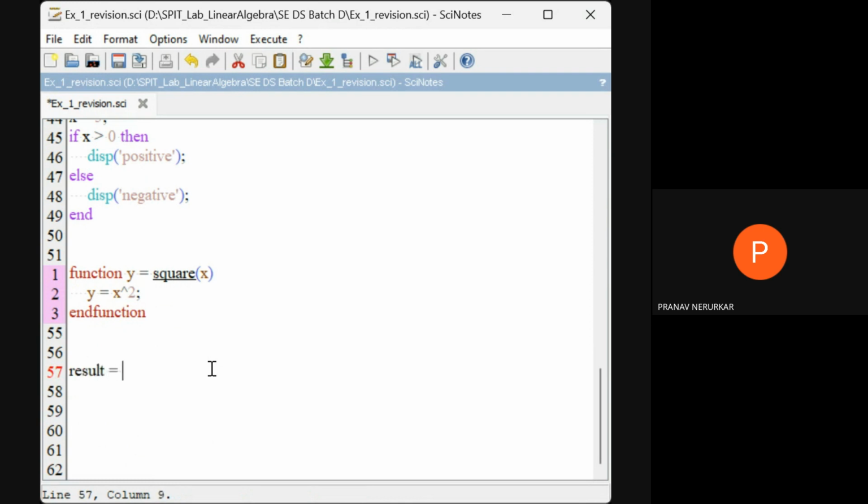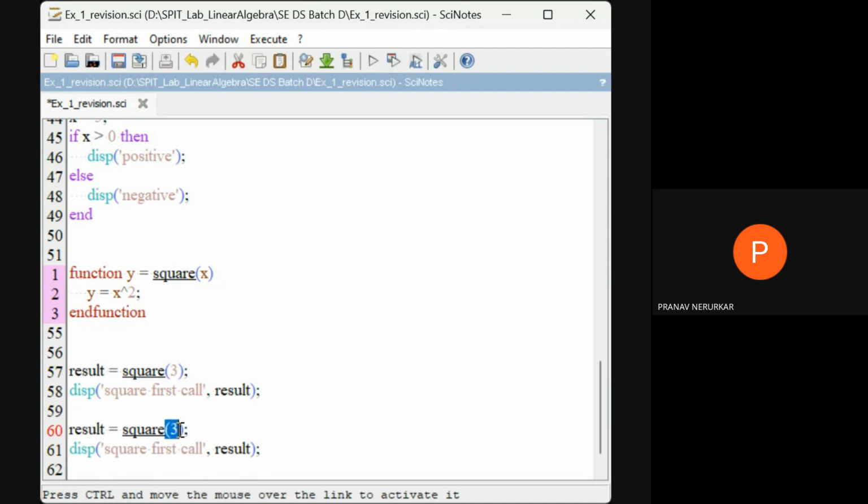Which is, I can write like this, and display, and you can also pass another argument and display this.